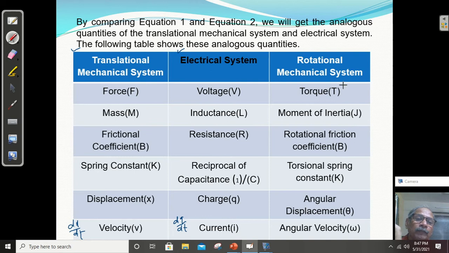Here K is replaced by 1 by C equal to K. Here M will be there, here J will be there, here displacement x, here angular displacement theta, and d theta by dt is angular velocity.